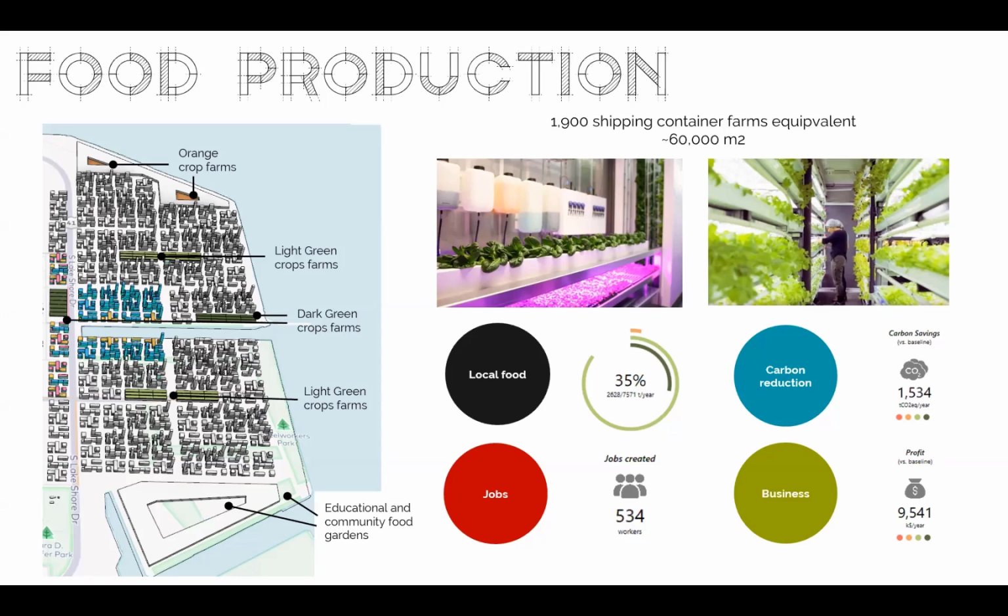And with that, the total number of farms that we ended up with could be built out of around 2,000 shipping containers, or in other words, they take around 60,000 square meters of area, which is otherwise unused. And with that, we have managed to achieve 35% of total veggie supply while saving 1,500 tons of CO2 and generating significant profit. And more importantly, we provide over 1,500 jobs for the local community.